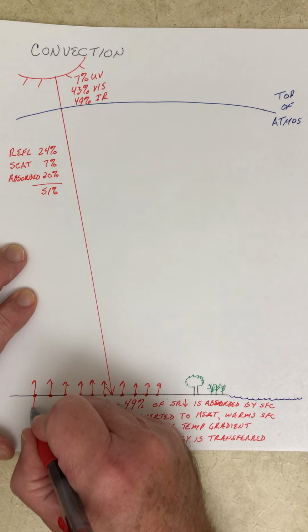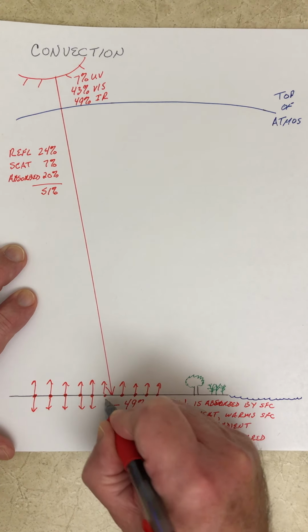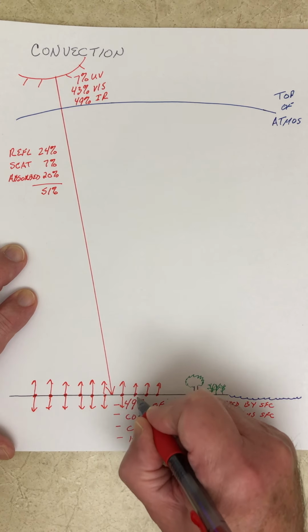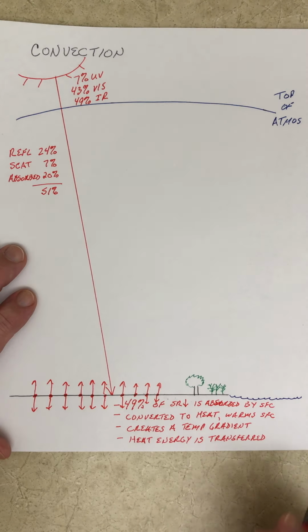It's also transferred into the ground. And again, we're not going to do much with that one. We're not as mesmerized by that heat energy, but certainly it is transferred into the ground too.